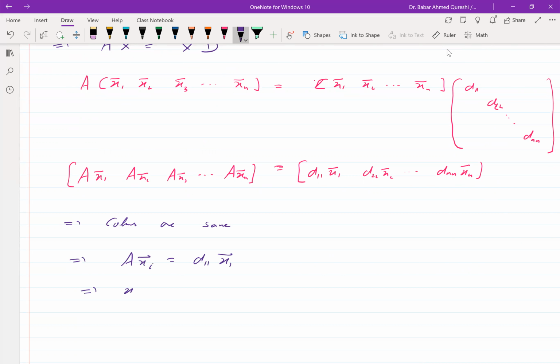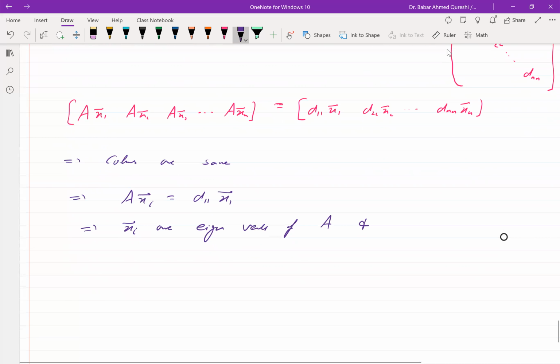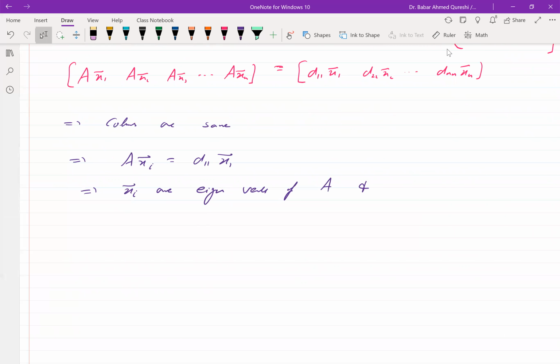This implies the xi are eigenvectors of A and dii are the corresponding eigenvalues.